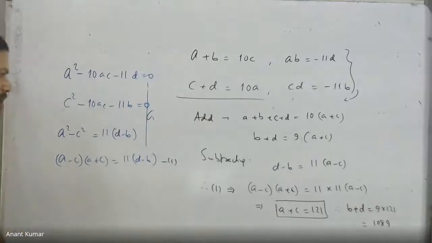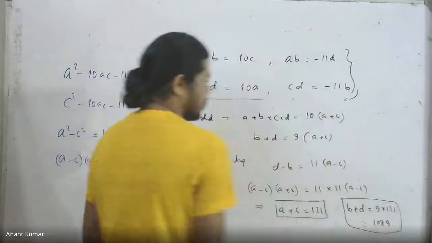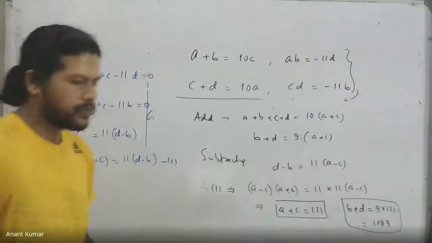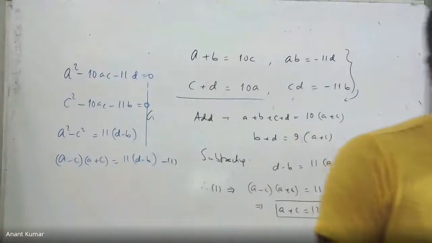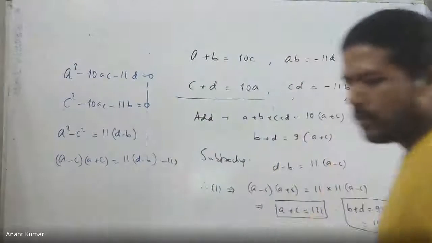So A plus B plus C plus D will turn out to be the sum of 1089 and 121. That makes it 1210. That's fine. So yes, I guess that is a very good question. Seems we got stuck, but now it is resolved.